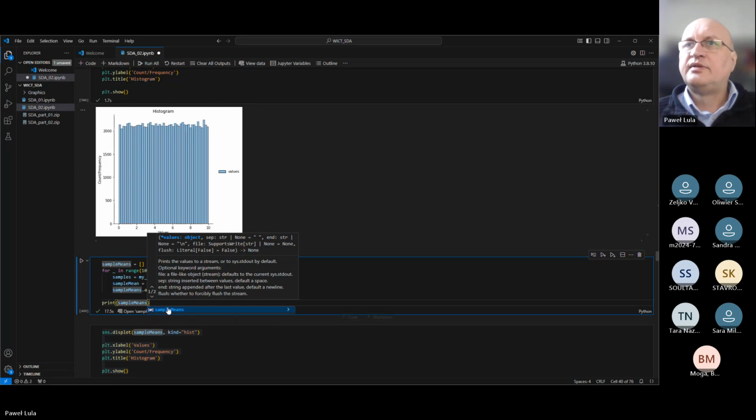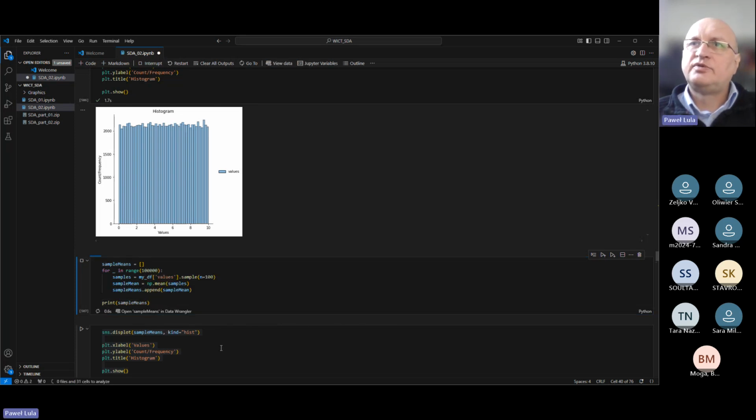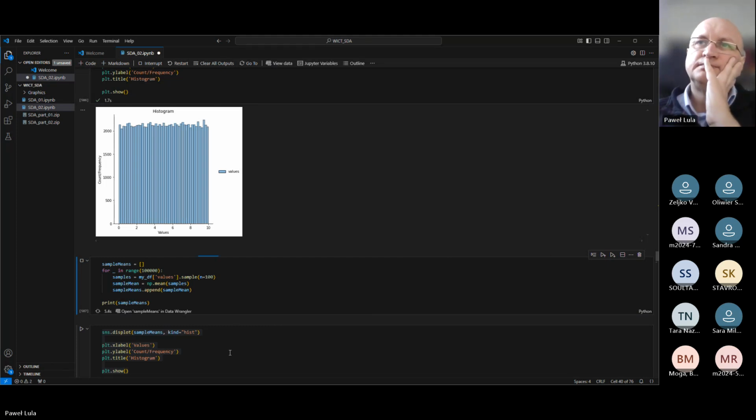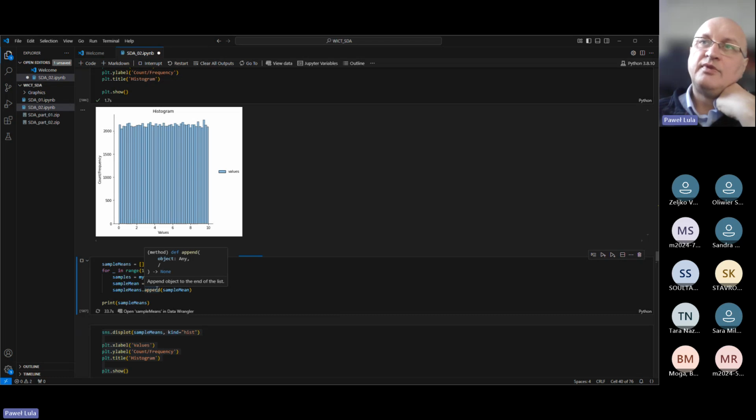Of course, it is possible to print it. It is rather time consuming because this loop is repeated 100,000 times. And for every loop, I selected randomly 100 elements and I calculated an average value for them.